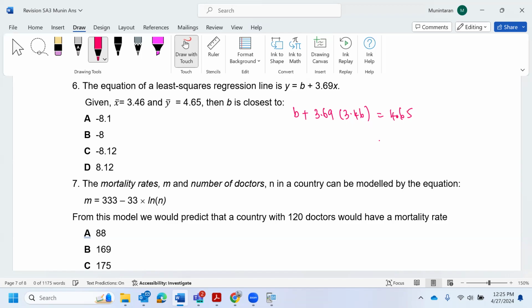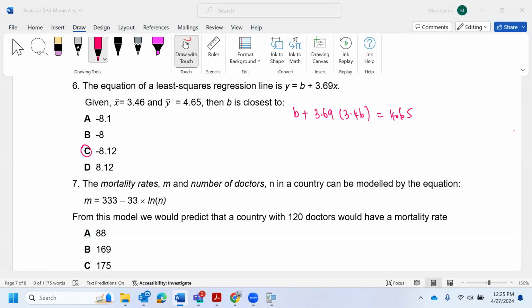Do your maths. I think your answer is C, is that right? Can someone confirm? Yes, thank you, Erin.